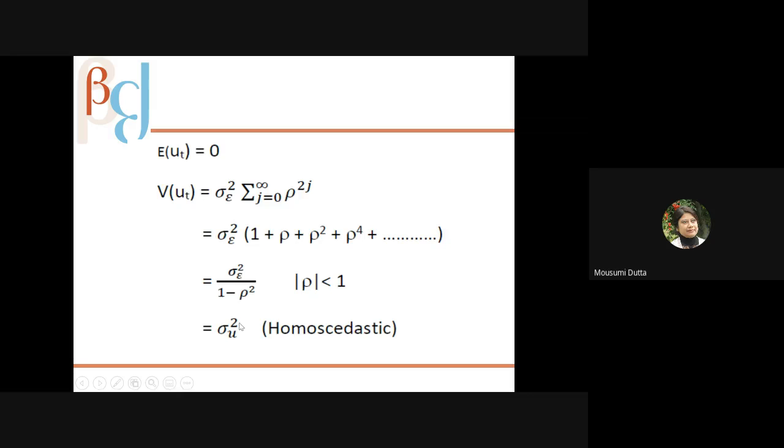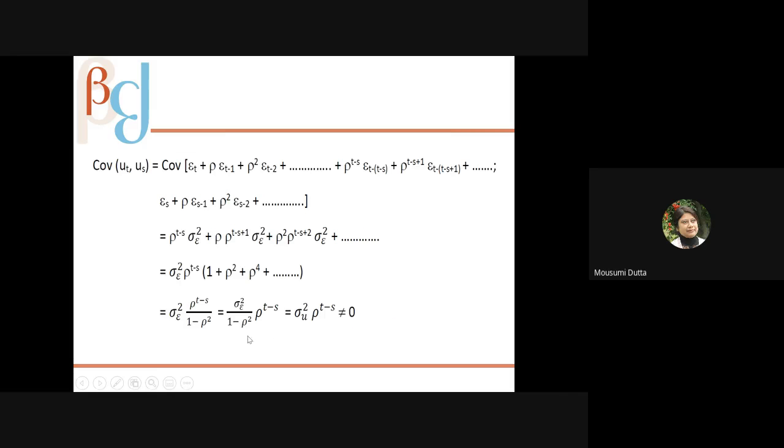So I can replace it by sigma u square. So the final value is sigma u square into rho to the power t minus s, which is in no way equal to 0. So the covariance between the error terms is non-zero.